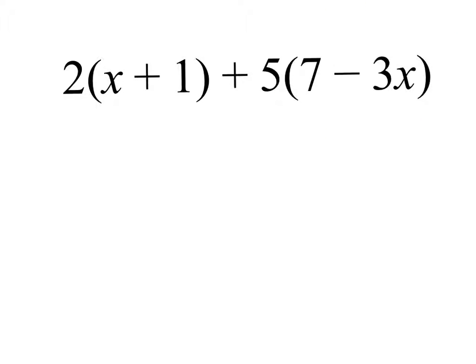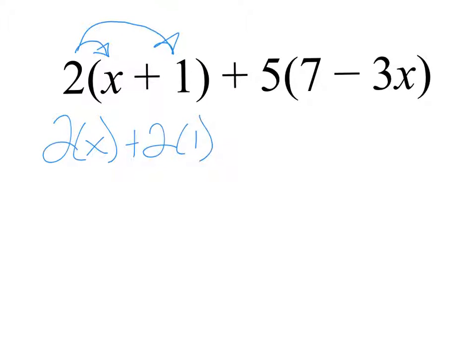Alright, well all we have to do is tackle one piece at a time. So on this one, we distribute the 2 into the x, so I have 2 times x plus 2, because I'm going to distribute 2 again, to 1. And we do not distribute this 2 to anything else. We only distribute it to what is inside our parenthesis here, just the x and the 1.